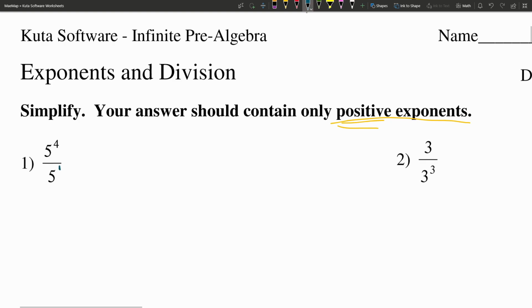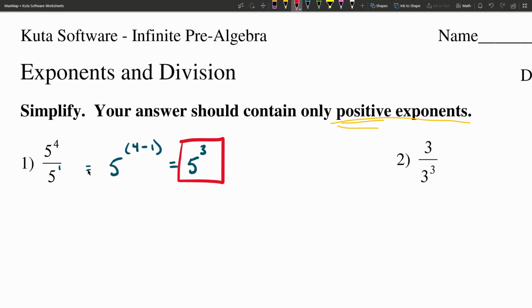So when we're dividing and we have the same base, you can see that 5 and 5 are indeed the same number. 5 to the 4th divided by 5 to the 1st is equal to 5 to the 4 minus 1, the exponent in the numerator of 4 minus the exponent in the denominator of 1. And that's going to give us 5 to the 4 minus 1, which is 5 cubed. So 5 cubed is our answer for number 1.